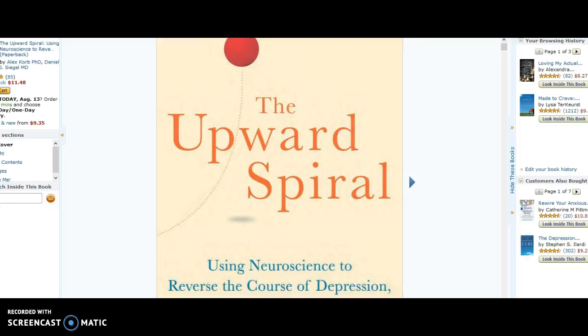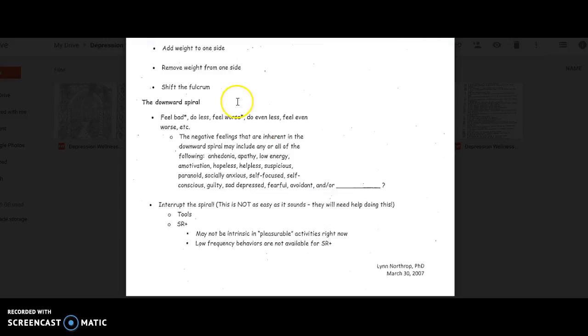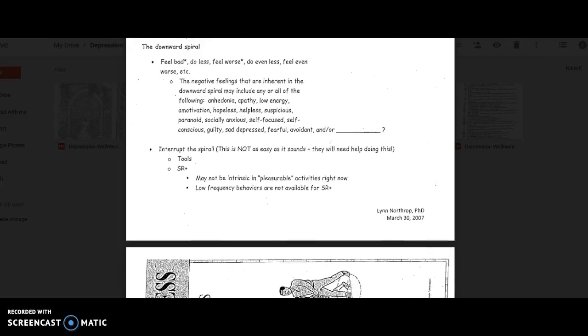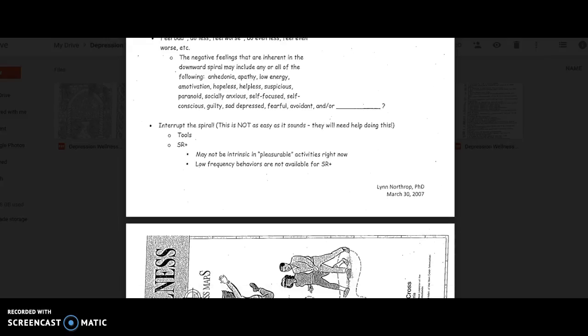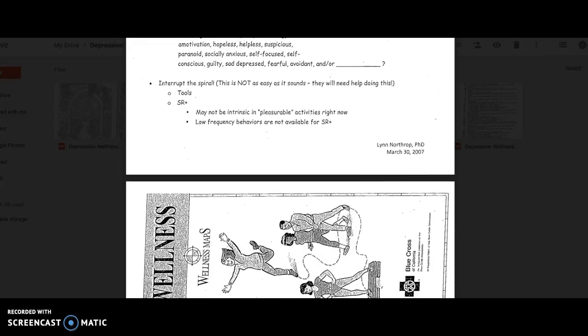There's no secret thing in here. It's just doing one little small change at a time to start going upwards and getting out of depression. So that's basically the theory and the motivation to go ahead and try practicing, increasing your wellness.